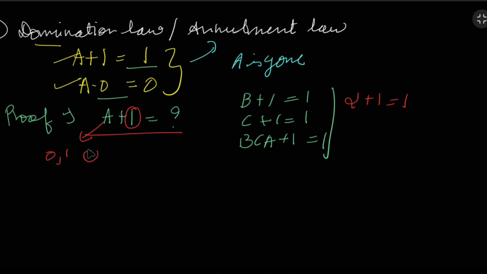If it's 0, then what will be the final result? 1. If it is 1, the final result should be 1. So whatever you do with A, the final result should be 1. Hence, this is the idea. The same thing you can do for A dot 0.